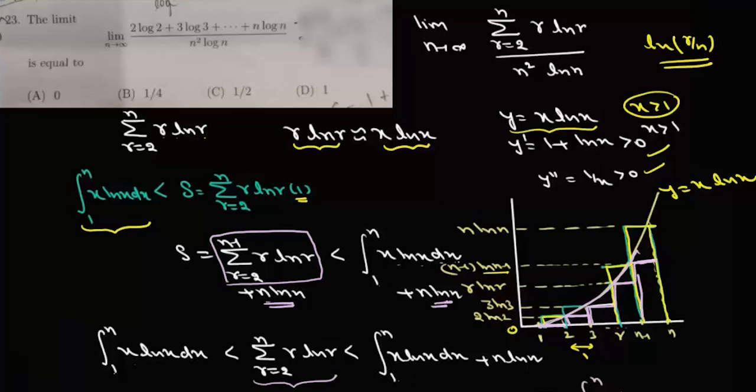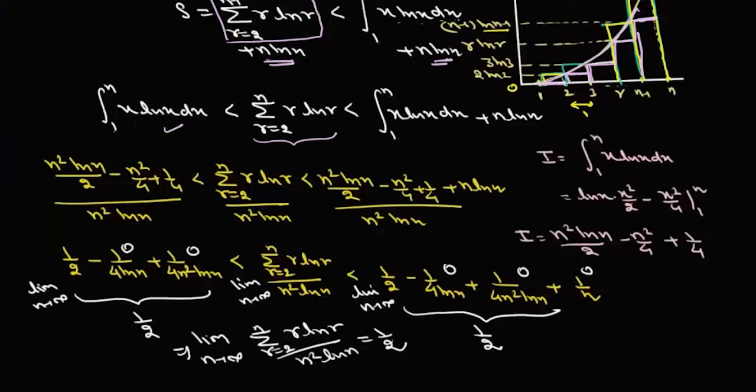Now what we'll do is we'll first solve this integral x log x dx from 1 to n. Now this is simple, which can be done by parts. So if we take this integral x log x from 1 to n, this is log x as it is, x square by 2, minus the integral of x by 2, which gives x square by 4, from 1 to n.